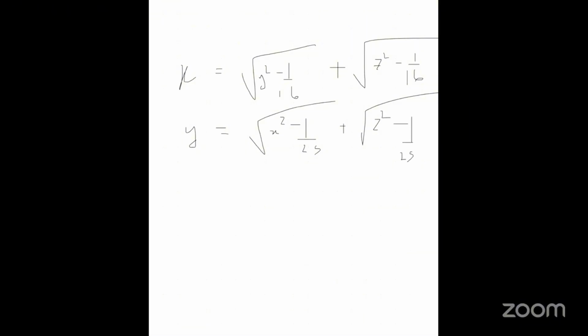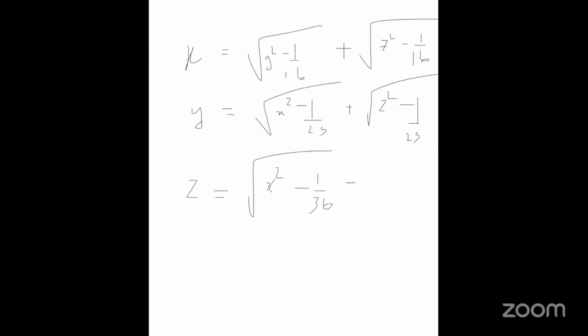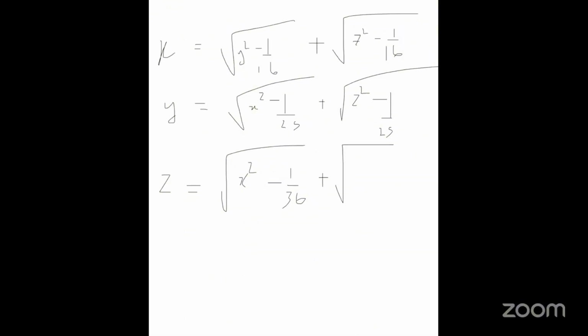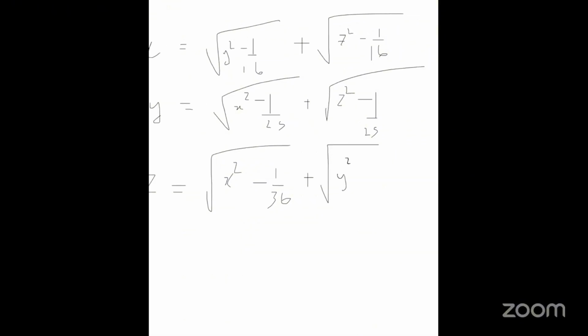And you have z is equal to the square root of x squared minus 1 over 36 plus y squared minus 1 over 36.